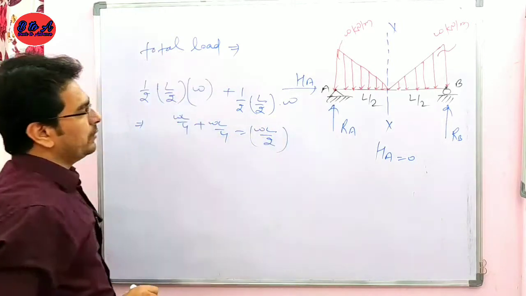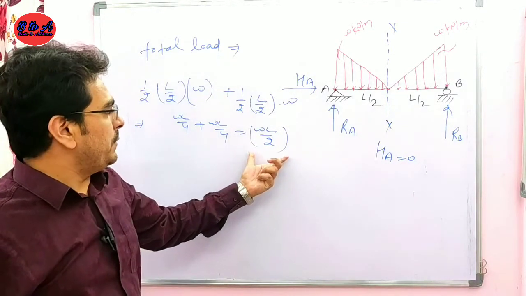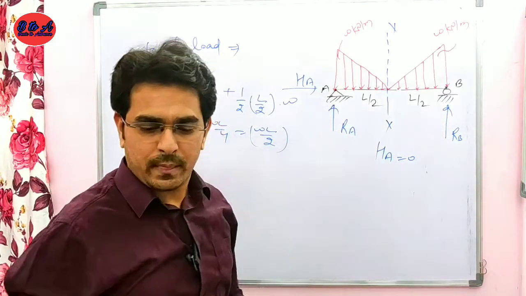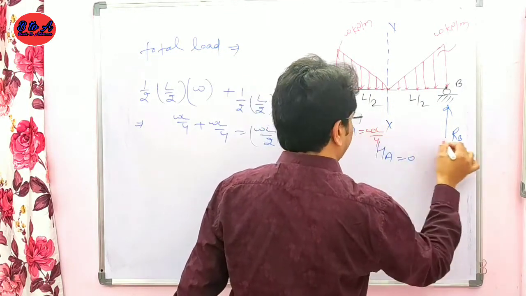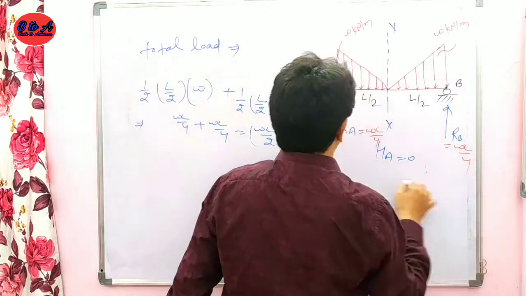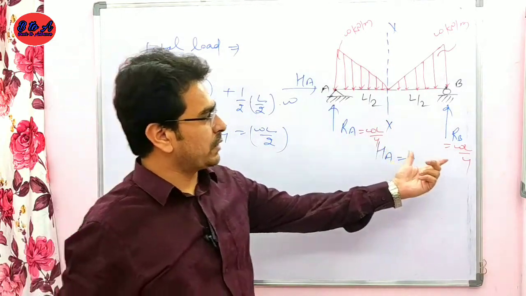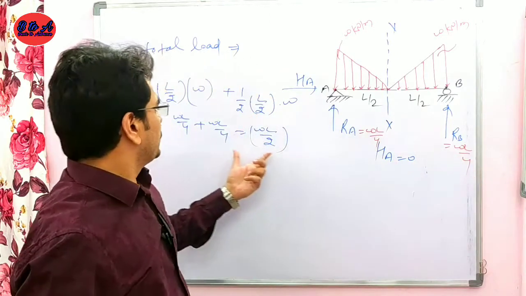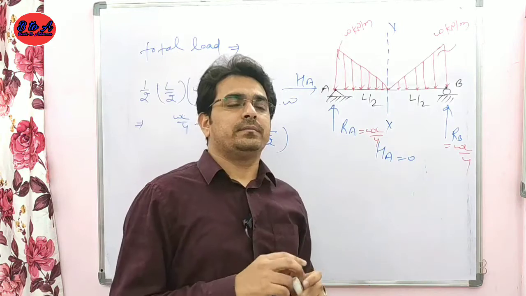So this is the total load. So this total load will be bear by these supports, that is the WL/4 and the WL/4. This support will bear WL/4 and this support will bear WL/4. So this total load will be beared by these two support.